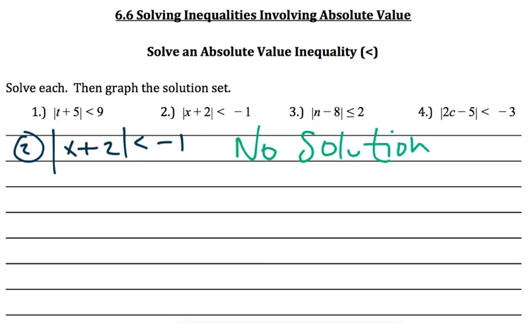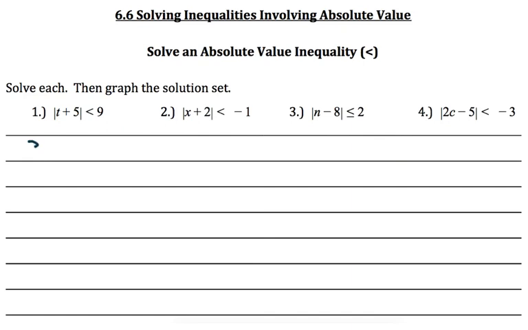Okay, let's be thorough in the third one too. The absolute value of n minus 8 is less than or equal to 2. Okay, this one, it's a positive number, so we will have something work out. But basically this means whatever is in here is going to range between -2 and 2.